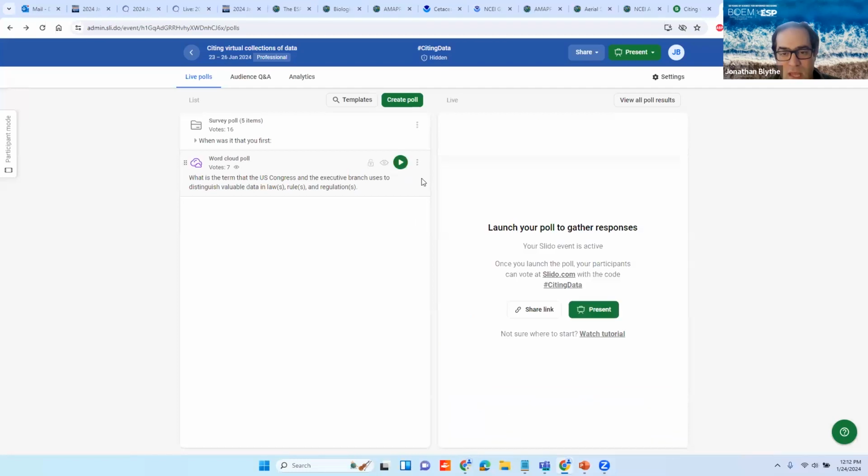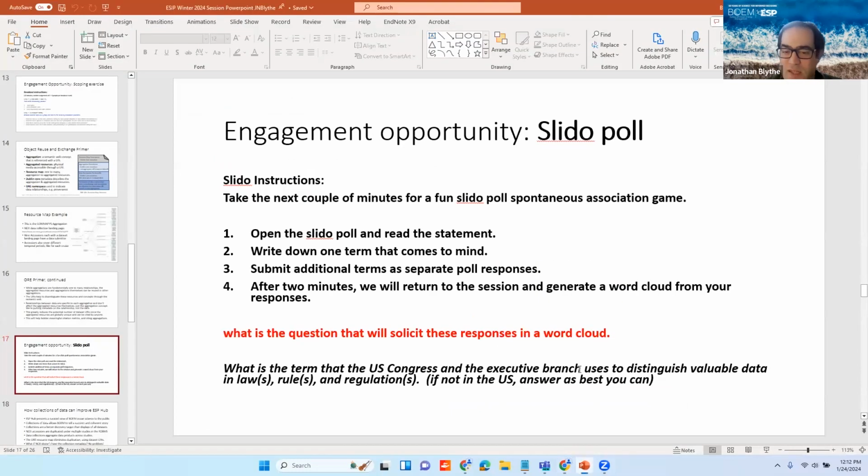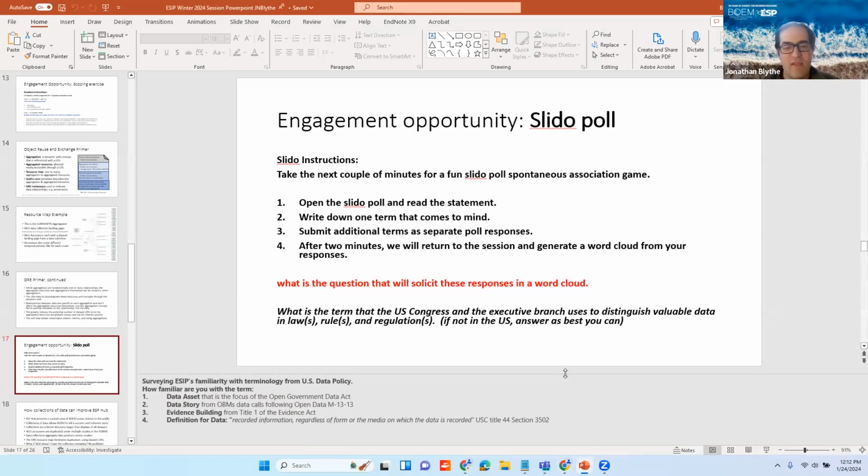Thanks for your input. And I will tell you, I had a completely different answer to this. The way I designed the question, I was trying to engineer it so you would answer the same way I did. But my term was data asset. Data asset really implies that the data have value for a specific purpose.